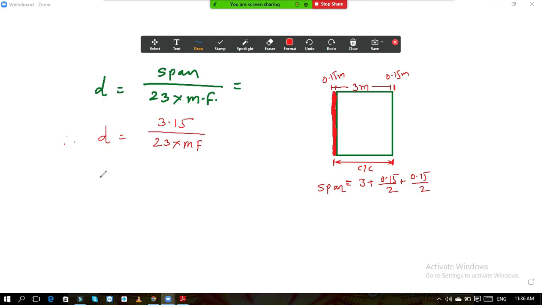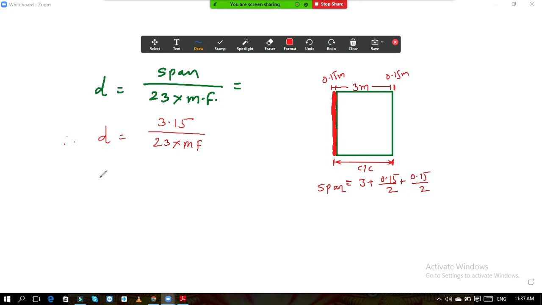Before referring to that in the IS code, we should assume something. We need to assume the percentage of steel first. So how much percentage of steel do we generally assume for the slab? For the slab, generally the percentage of steel is from 0.2% to 0.4%.